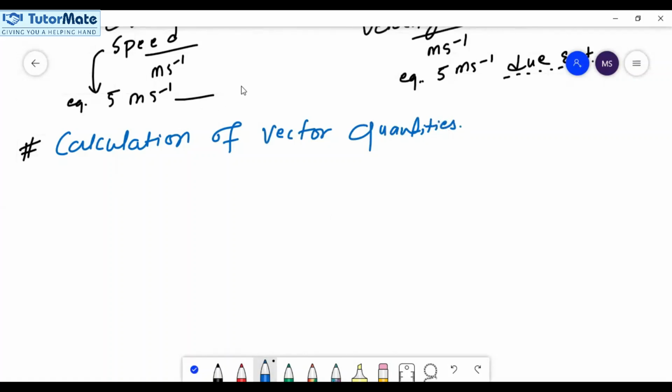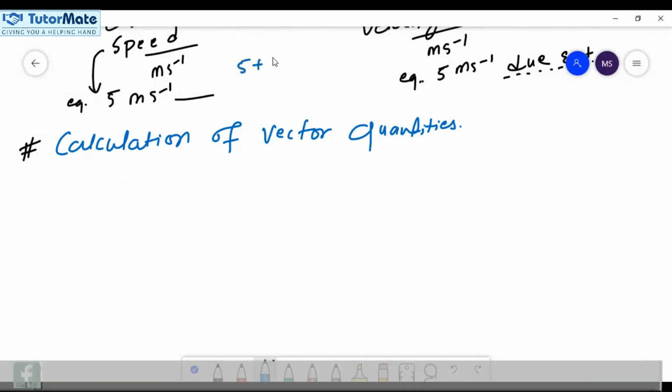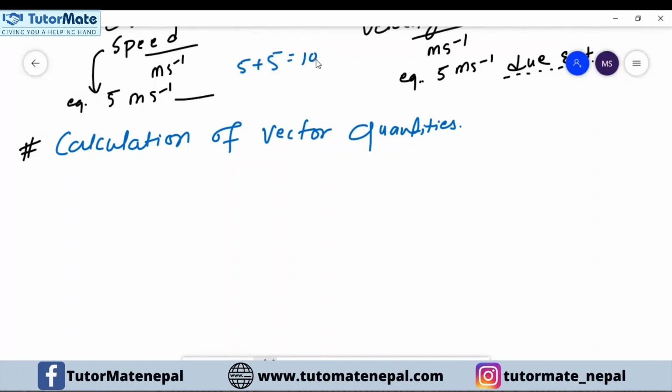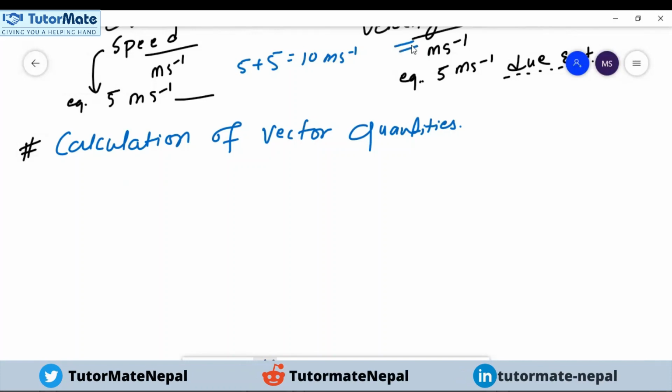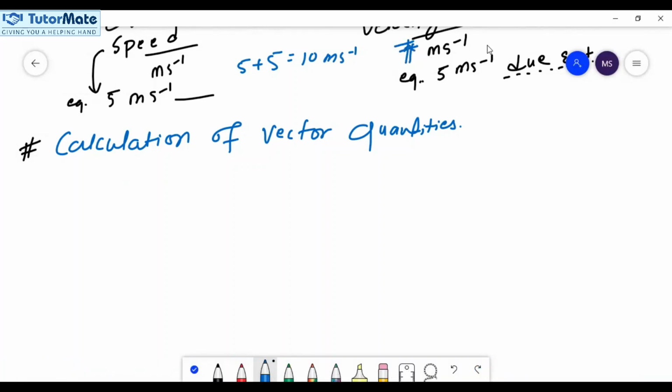Calculation of a scalar quantity is pretty easy because it does not have any direction. For example, if you add two speeds, 5 plus 5, it would be 10 meter per second. But it might not be the same with velocity because velocity has a direction. So we need to consider the positive and negative aspect.